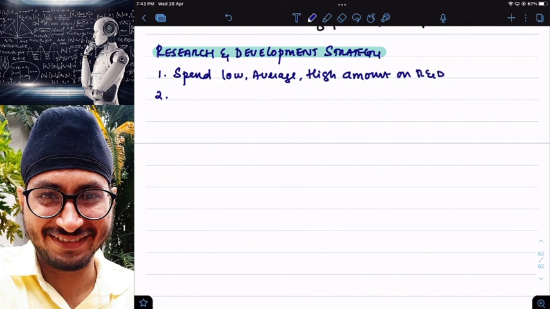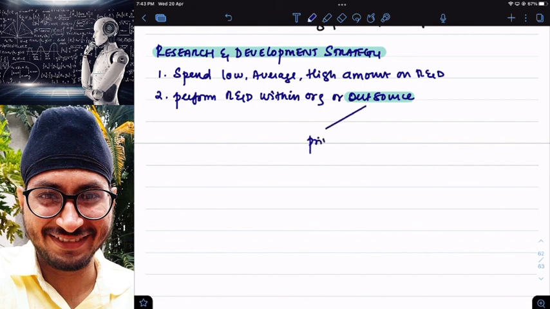Or should I perform R&D within the organization, or outsource it? If I'm outsourcing, meaning giving a contract to someone, then should I go for private R&D or university R&D?